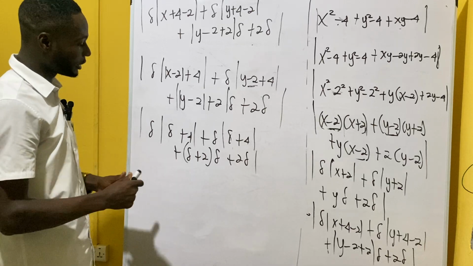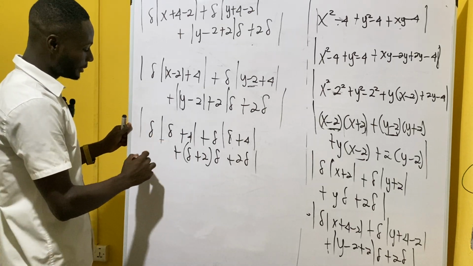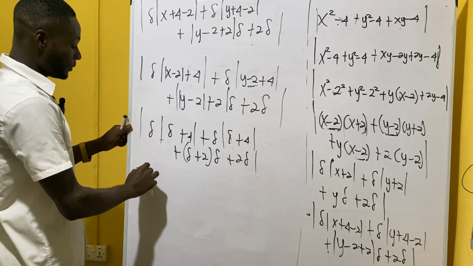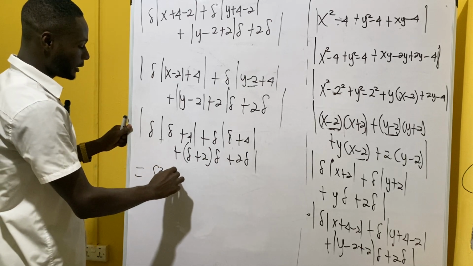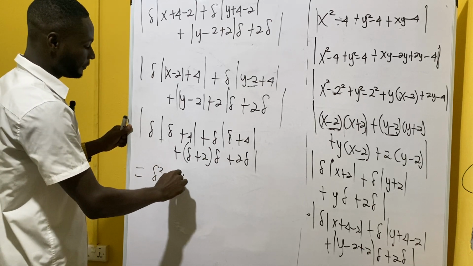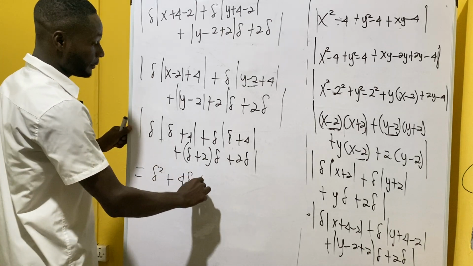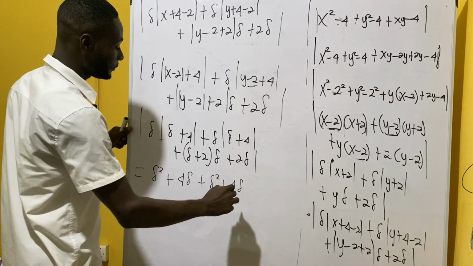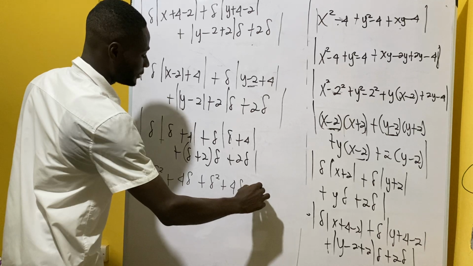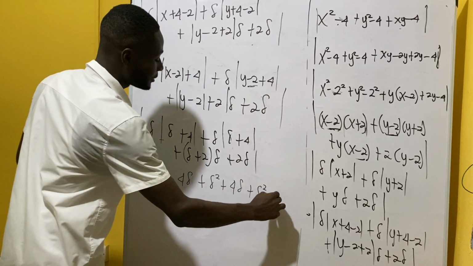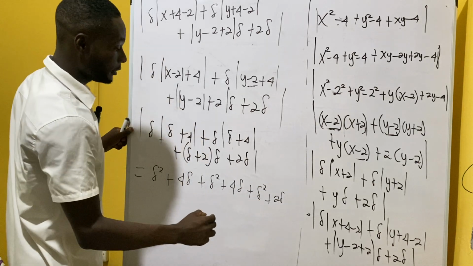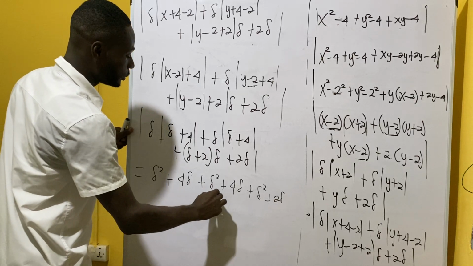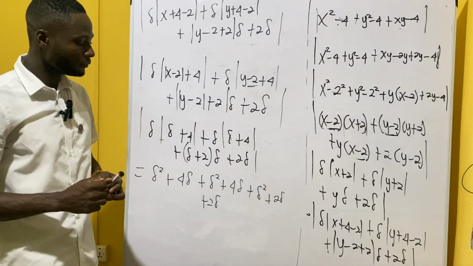So this right here, we can see that this multiplies this, and then we have delta squared plus 4 delta plus delta squared plus 4 delta plus delta squared plus 2 delta plus 2 delta, right?